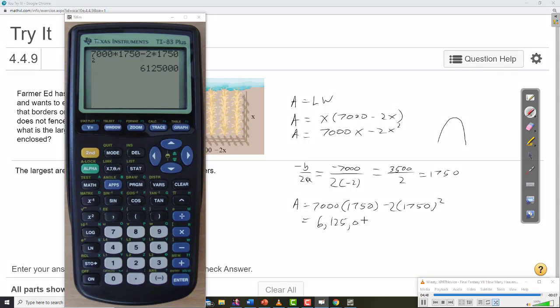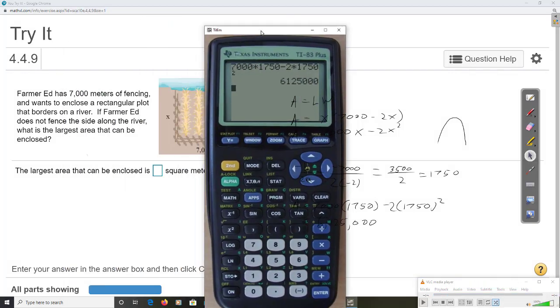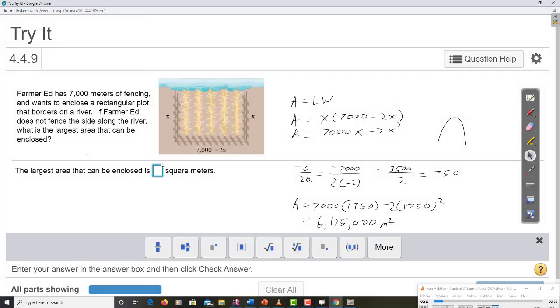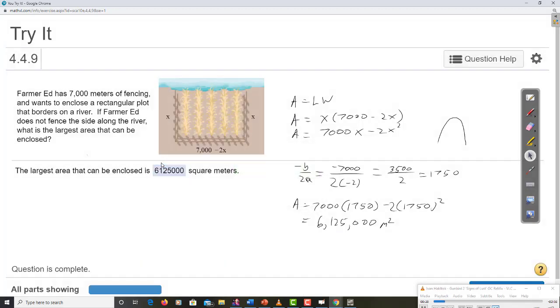6,125,000. This would be, are we in meters? Yep. So this would be square meters. 6,125,000. And note, normally in a problem like this, you'd also want to find what the length is.